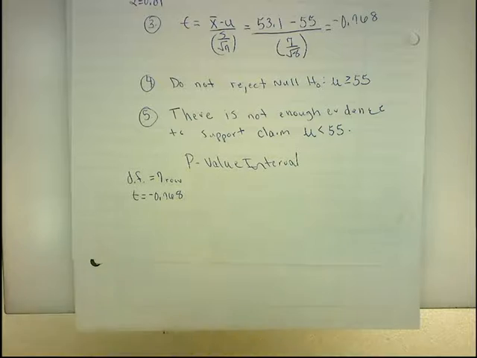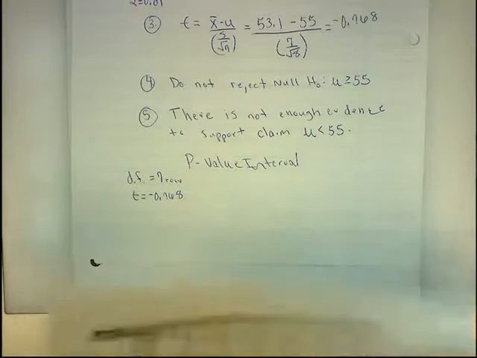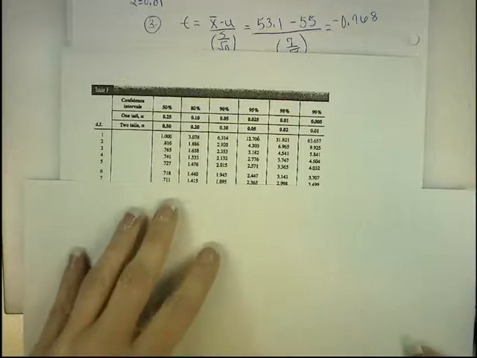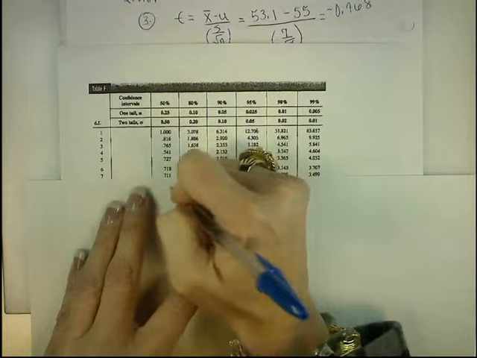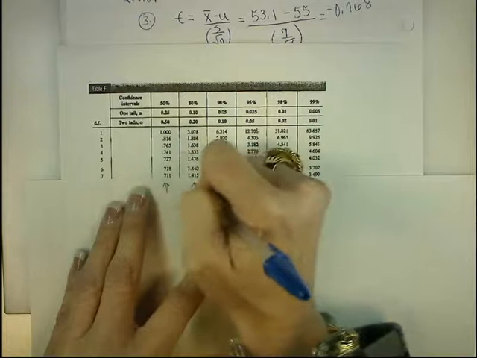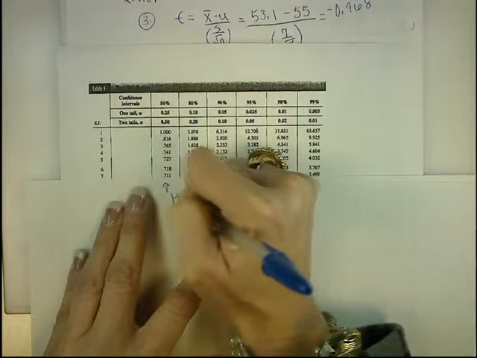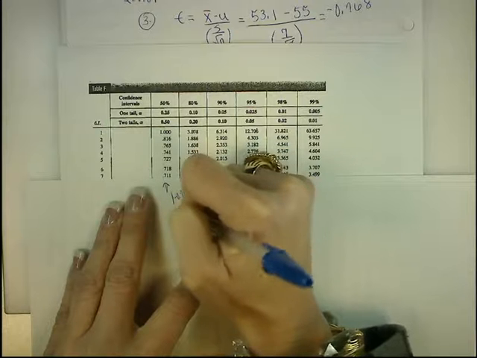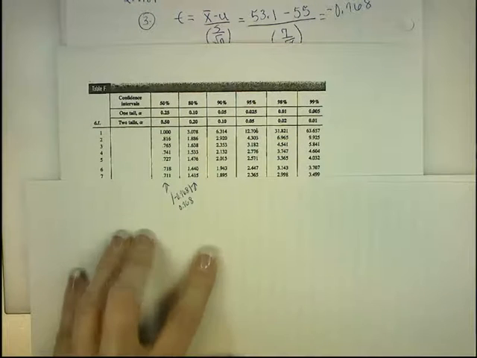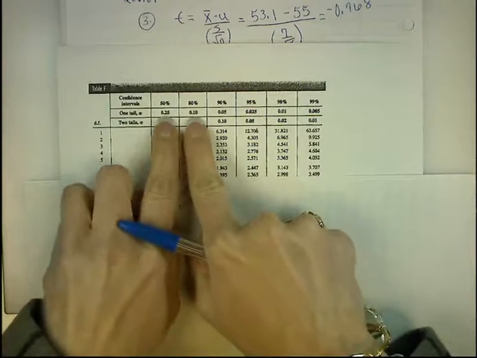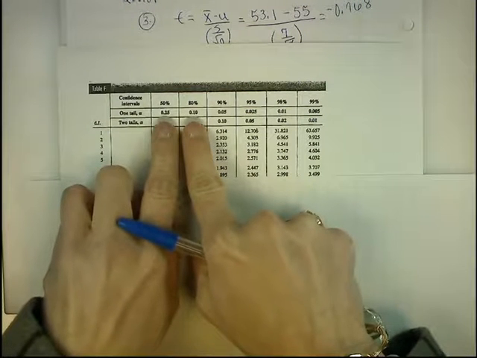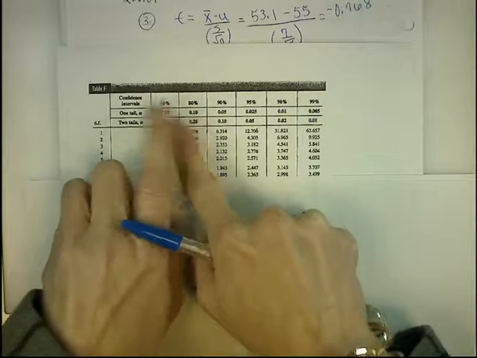And we want to find the 2 values that bound the absolute value of our test statistic. And that would be this first value here and here. Absolute value of negative 0.768 is a positive 0.768. Go to the top, and since it's a one-tail test, stop here at 0.25 and 0.1 and cross fingers.